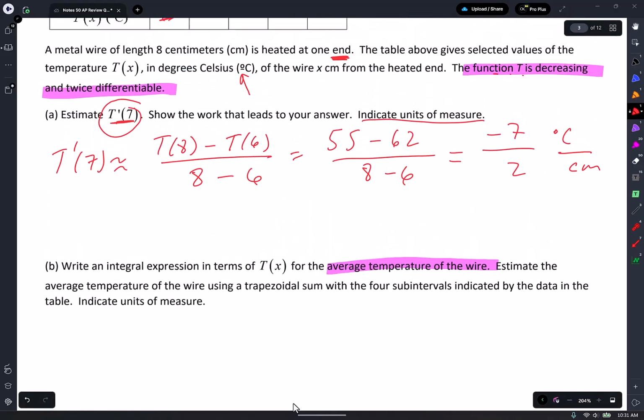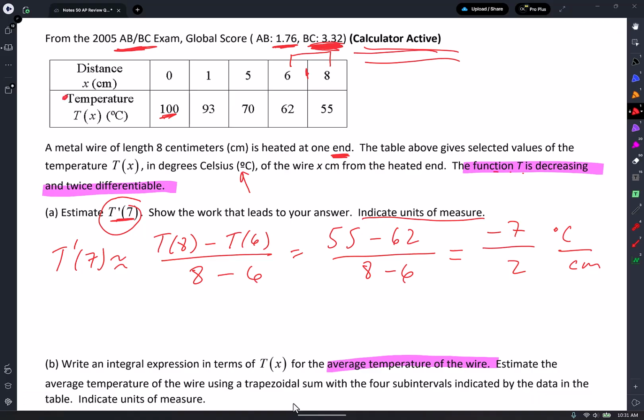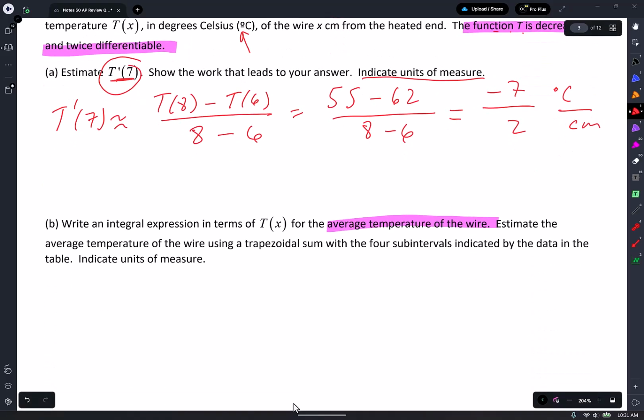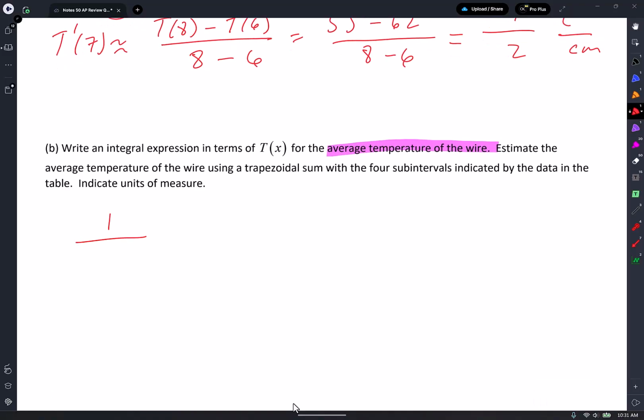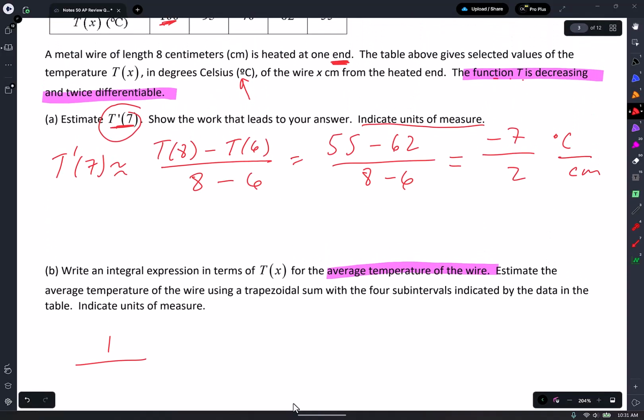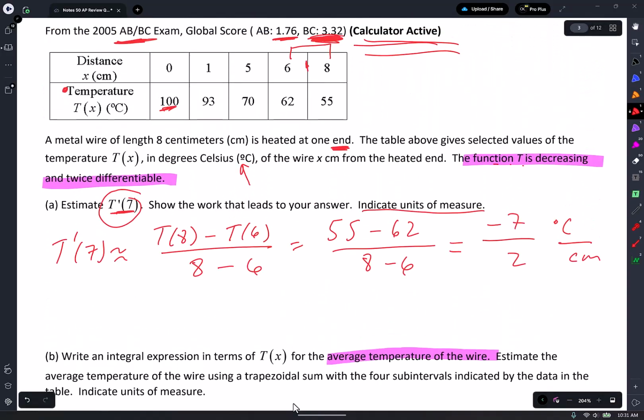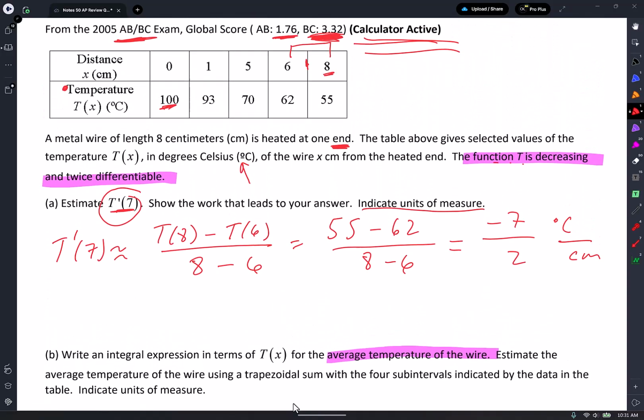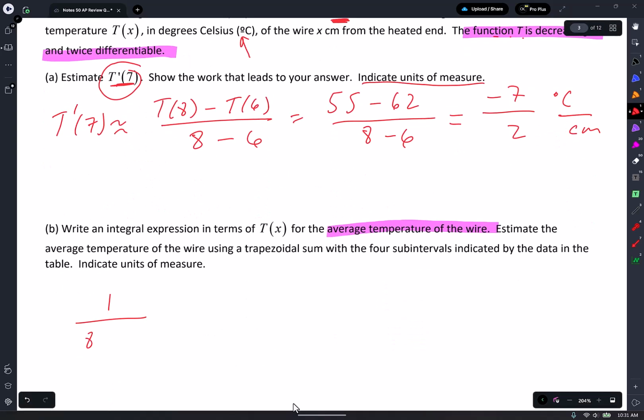So it's the average of T of x. How do I do average? 1 over B minus A. From what to what? 8. So 1 over 8 minus 0, integral from 0 to 8 of T of x.